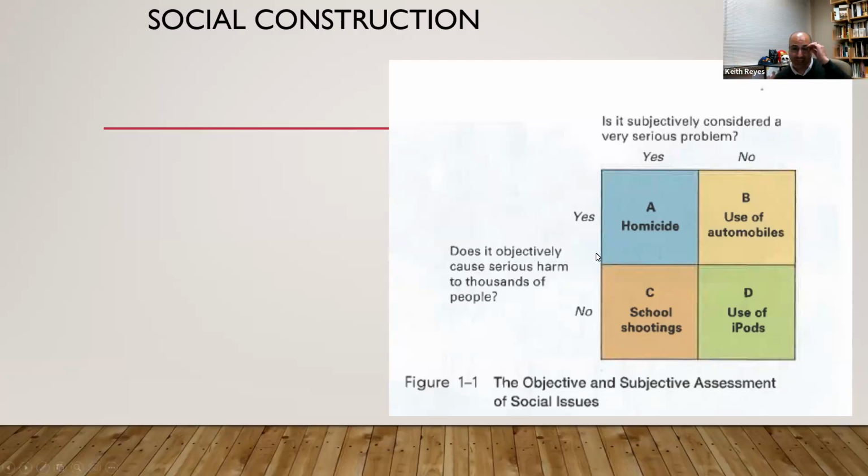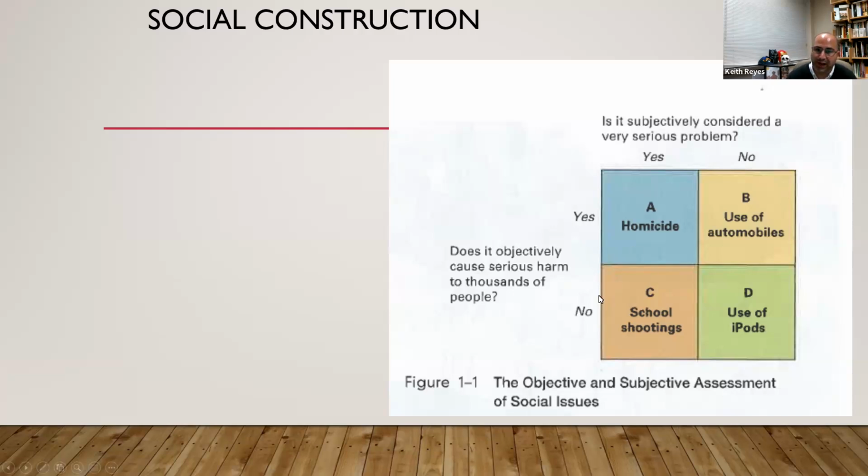Now, let's take a look at the second area. Does it objectively cause serious harm to thousands, if not millions of people? The use of automobiles, yes. I'm not really sure statistically, but thousands, if not tens of thousands of people die every year in automobile accidents. But we don't consider it a serious social problem, right?